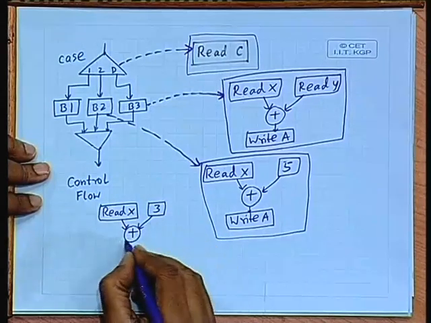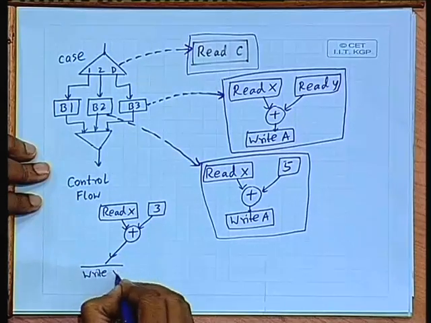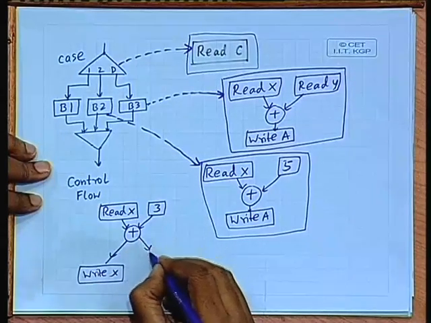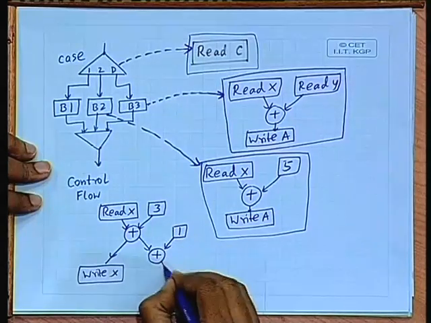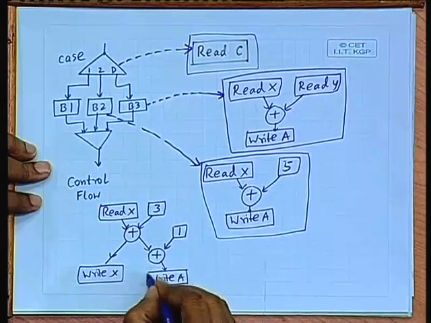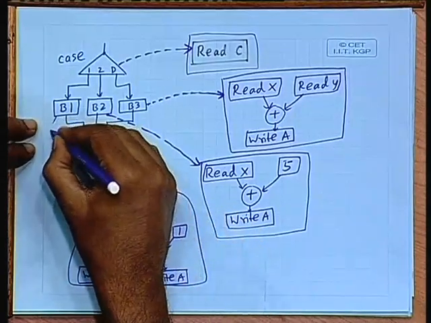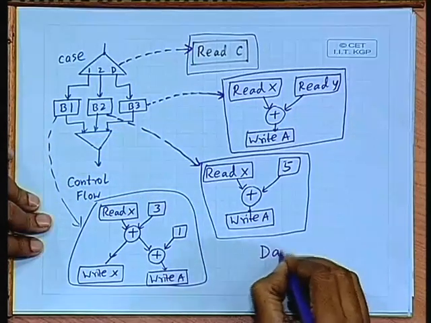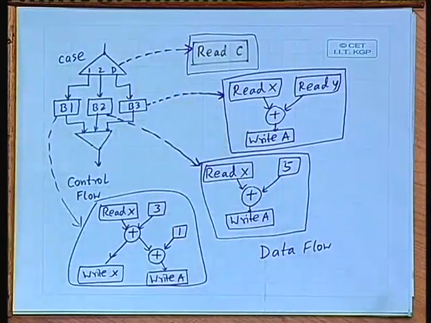Add x and 3, write x, and the same value you can take directly from here, you can feed it to another adder with a value 1 and you can write it to A. So, this corresponds to B1. So, this part is the data flow graph, this part is the control flow graph.